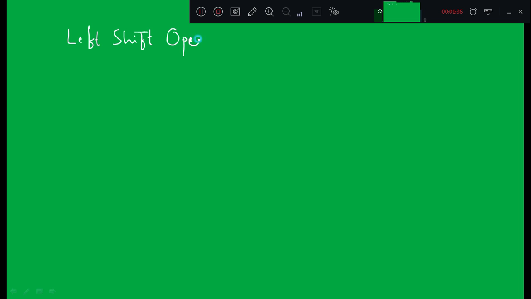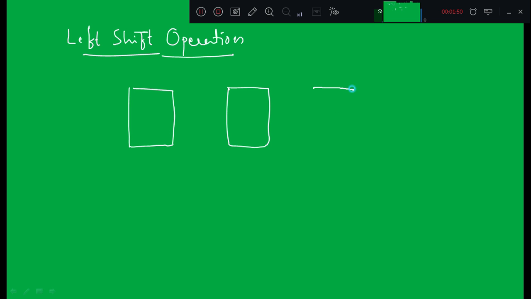Left shift operation. So again we are going to use 4 D flip-flops, but in this case we are going to input the data from right. Same 4 D flip-flops, you can connect them in cascade, right, in series. And in case of right shift operation, we have supplied the data from left, right?